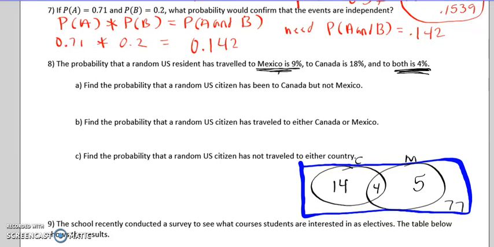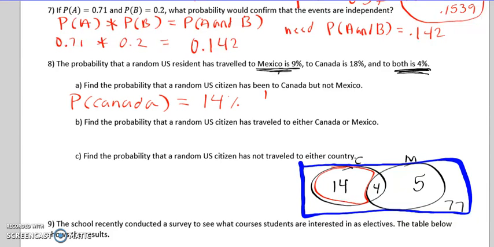All right, so A says find the probability that a random U.S. citizen has been to Canada but not Mexico. Well, the probability you've been to Canada but not Mexico is people only over here in Canada's little bubble. So people who have been to just Canada, that is 14%.